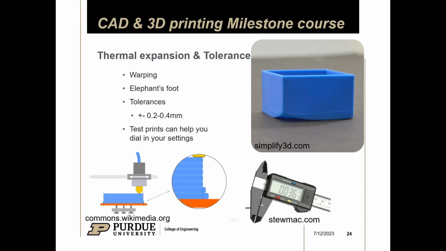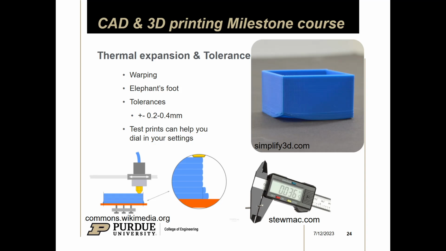A lot of high quality milling and subtractive manufacturing machines measure things within thousandths of an inch. A 3D printer isn't quite that precise, but it can get pretty close. Typical tolerances of a 3D printer are usually like 0.2 to 0.4 millimeters.